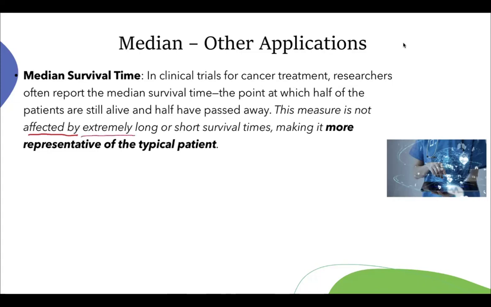So outliers in this set would be ignored. We wouldn't consider the patients with extremely long or extremely short survival times. The median is the center regardless of those outliers.